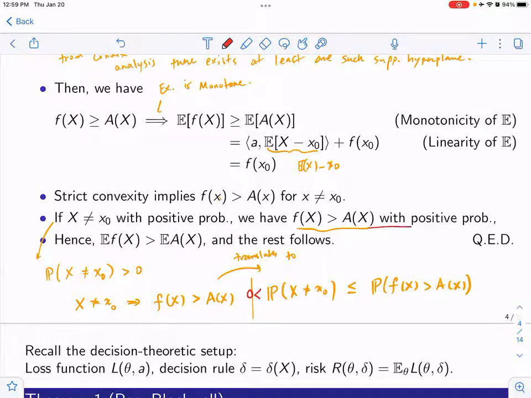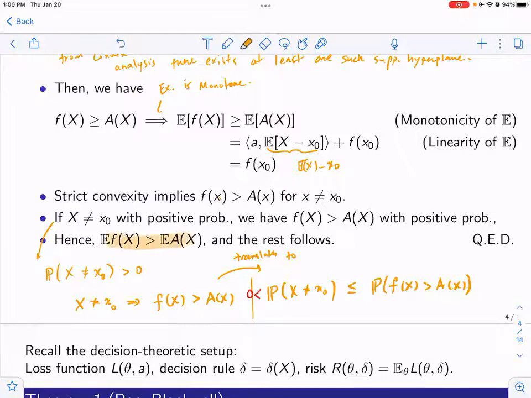Then this holds with positive probability. And when things hold with positive probability, if the inequality is strict with positive probability, then the expectation is strict. This is the monotonicity property of the integral: if the random variable is positive with positive probability, then the expectation is positive.